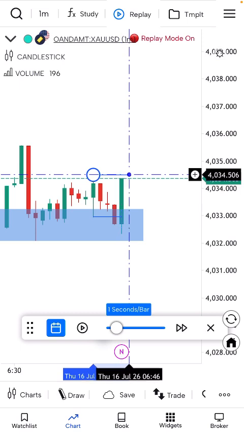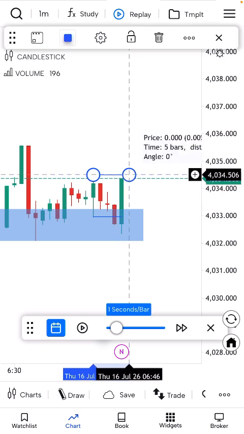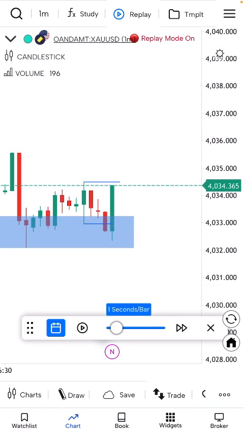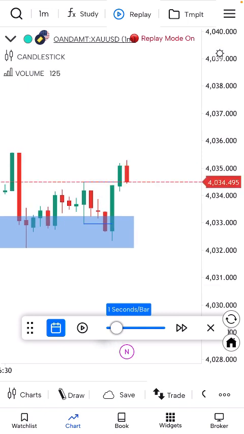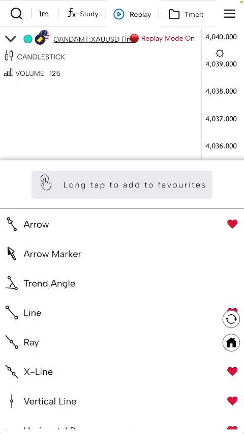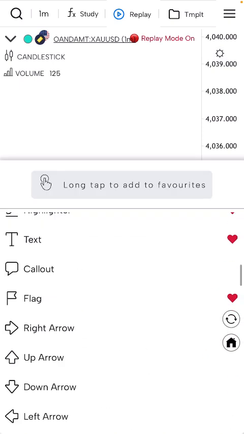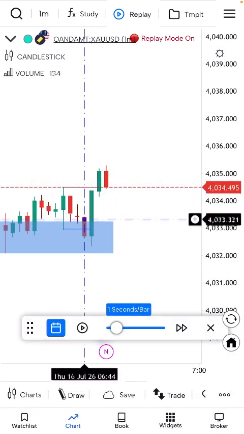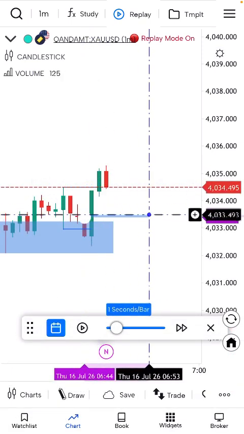If I could get any displacement or even a wick above there, that will show me that price has a little bit of momentum. Boom. As soon as I saw price go above that high with a fair value gap, this is a fair value gap.